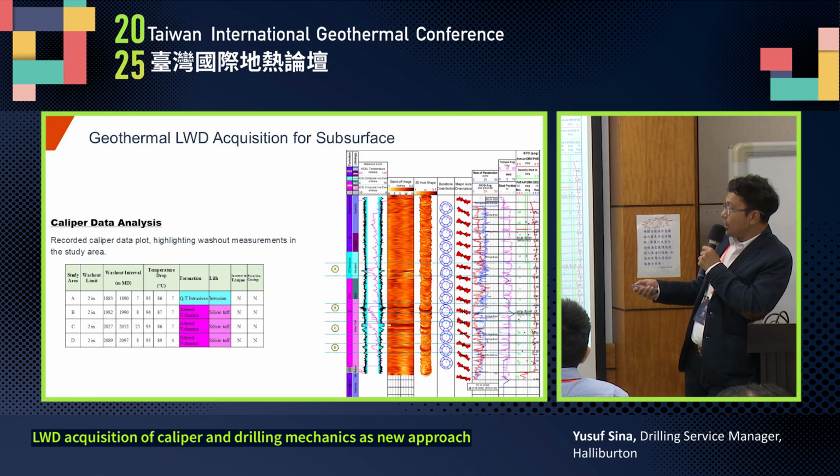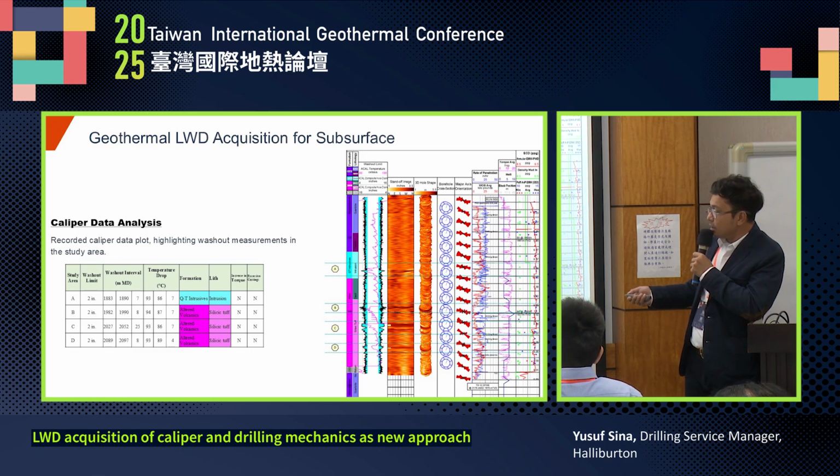If you can see here, we separate that into 4 different areas because we see the severity of the overgauging hole, right? So by this we can conclude areas A, B, C, and D have quite severe overgauging. Correlating with the formation, what type of formation?